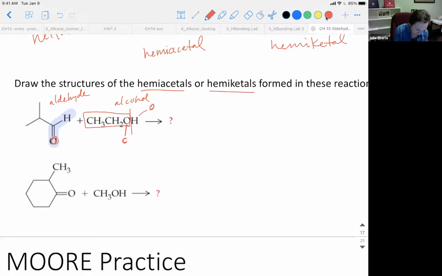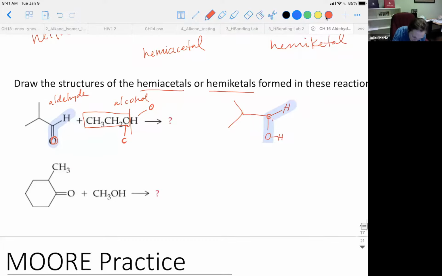So just redraw your aldehyde, except instead of a double bond, make that carbon-oxygen bond a single bond. Leave the hydrogen, that's got to stay there. This blue part that I've highlighted is the same part as right here. But now we have a single bond to oxygen, and this hydrogen from my alcohol is now bonded to the oxygen on my carbonyl carbon.